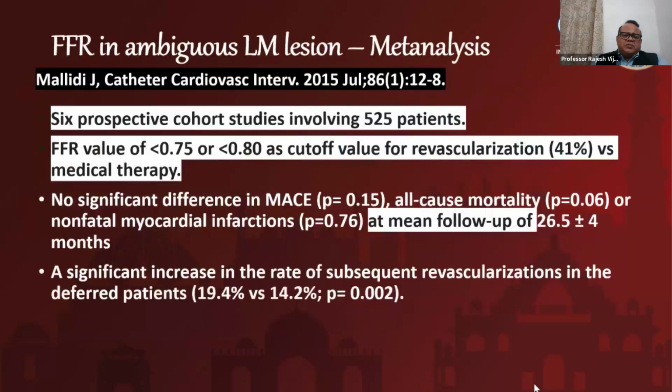What about the FFR in ambiguous left main lesions? This particular meta-analysis of 6 prospective cohort studies involving 525 patients has shown that with an FFR value of 0.75 to 0.80, there is no significant difference in all-cause mortality or non-fatal myocardial infarction at a follow-up of 26.5 months in case we defer a left main that has an FFR of more than 0.8.